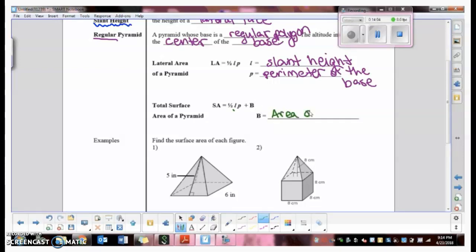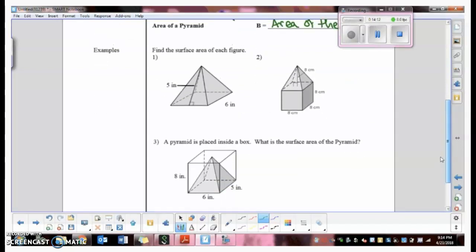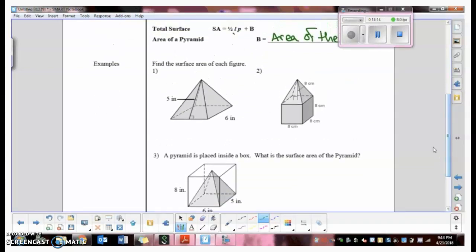And then capital B, the same way it was with the prisms, is just going to be the area of the base. So you should be able to plug in all that information. Now, one thing that you may occasionally come across is they might give you the vertical height, and in that case, you just have to use the Pythagorean theorem to figure out what the slant height is.